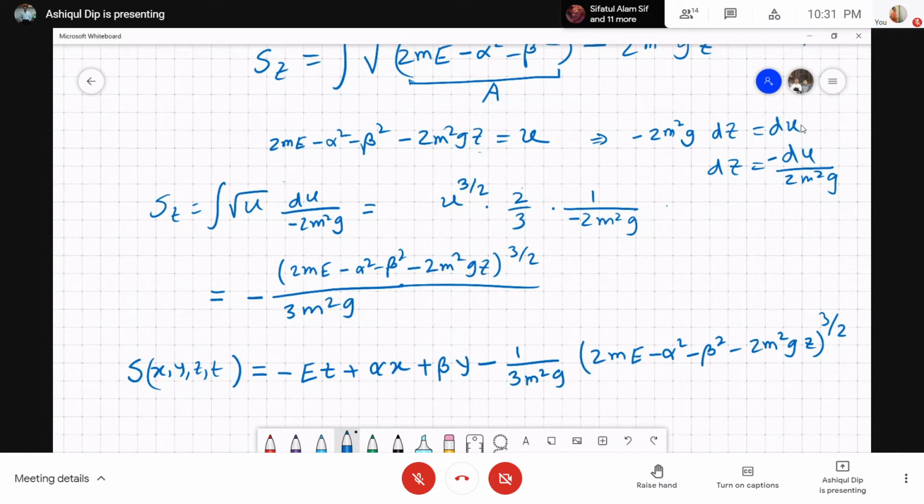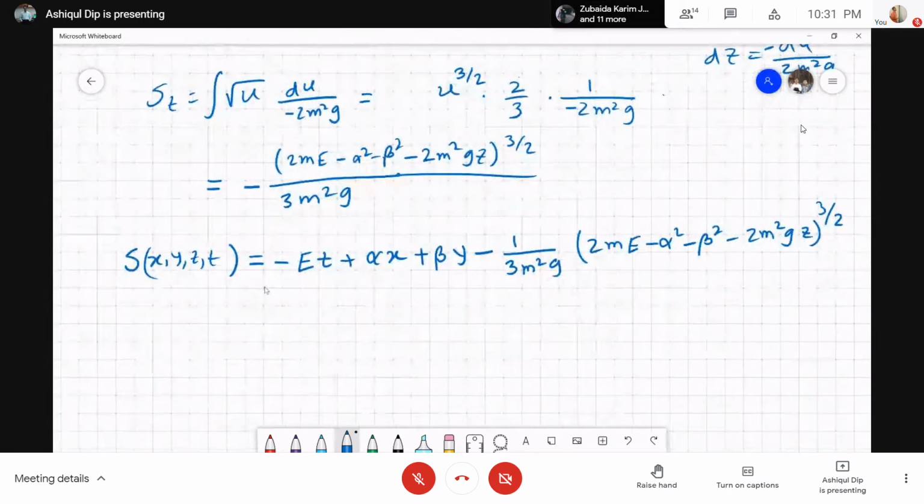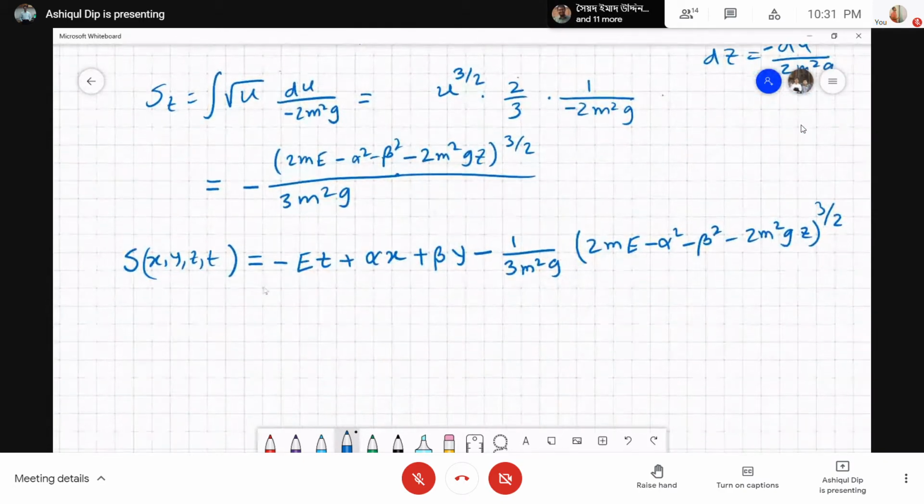Okay, we can do a little bit of change here. This whole thing is a constant, right? And some unknown constants. We can keep it like that. Also, we can simplify it as well.